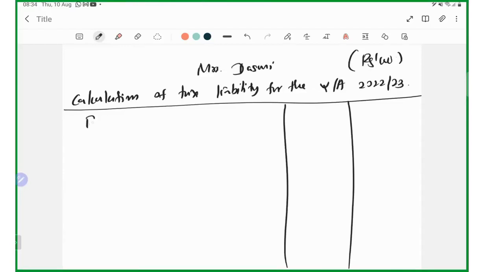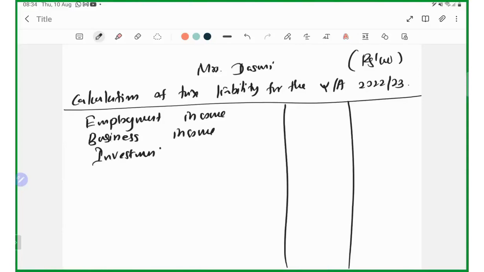So here, once you read, you can understand what the available incomes are. First of all, in your exam, you have to read the question. The employment income was there. Then I can remember the business income was also there. Business income and investment income.